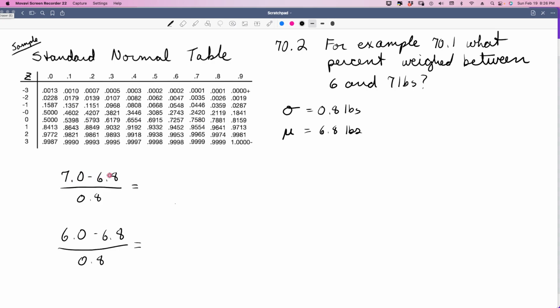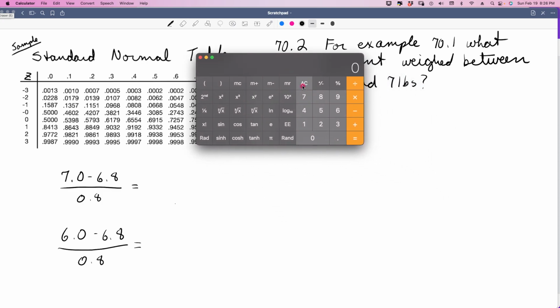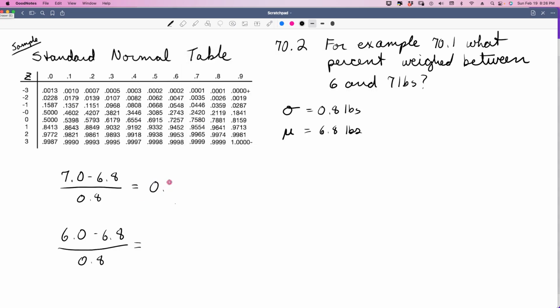Now 7 minus 6.8 is 0.2, and 0.2 divided by 0.8, you can just do it on your calculator if you want to double check. So 0.25 is going to be our z-score, and we look on our standard normal chart for our percentages.